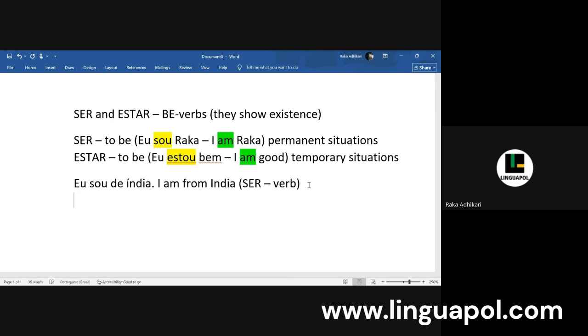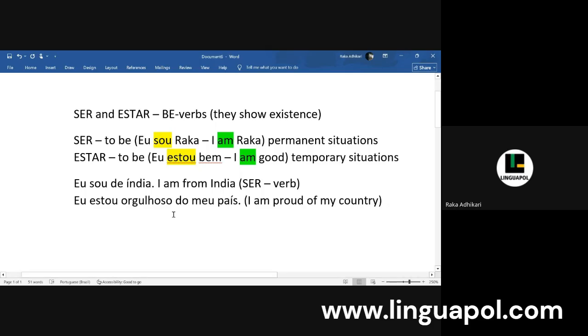Okay. In the next sentence, I'm saying eu estou muito orgulhoso do meu país. I am proud of my country. Eu estou orgulhoso.